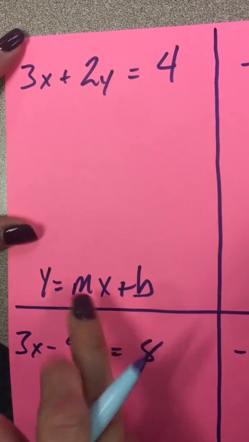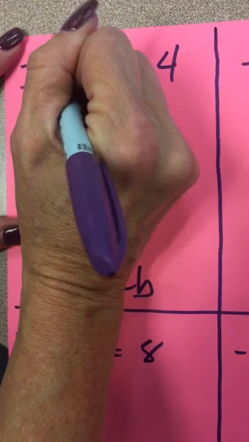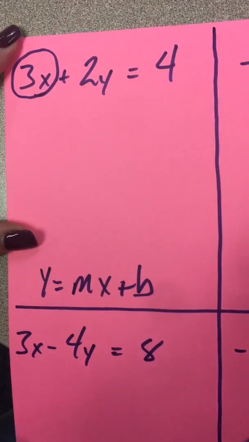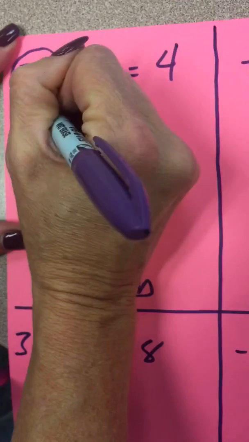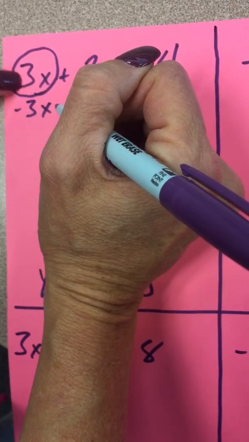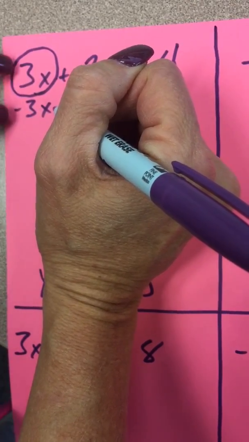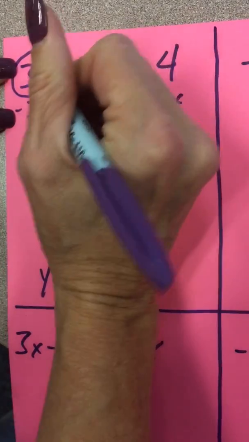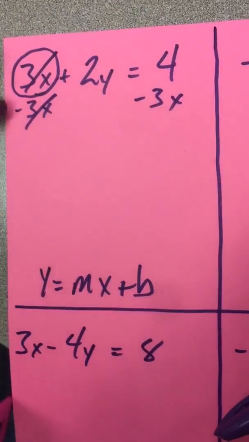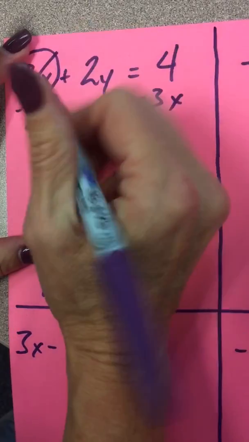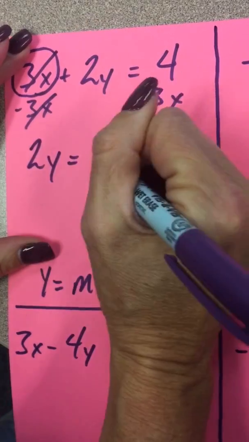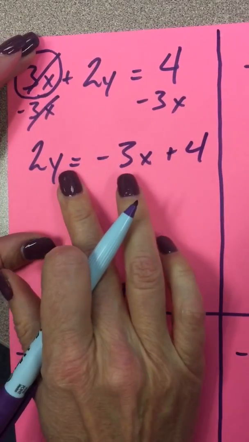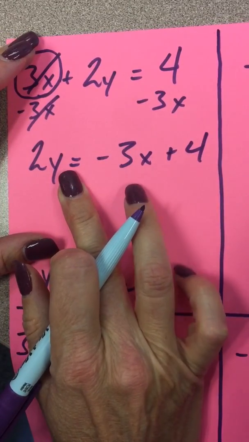And the way we do that is the first thing we know we need to move this entire 3x, and the way we do it is we subtract this one because this 3x is a positive. So if we do the opposite, which is minus 3x, it will turn to 0 over here, and if we rewrite this, then we have it to the right of the equal sign, which is where we want it.